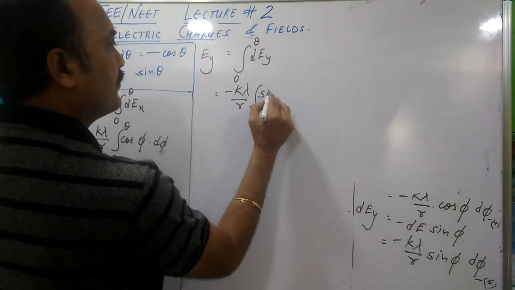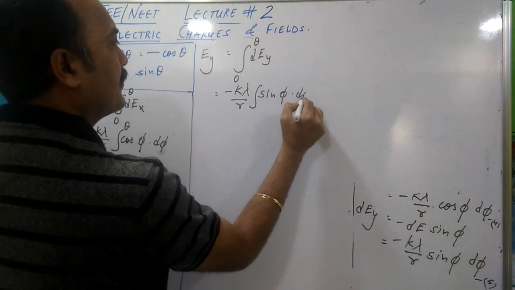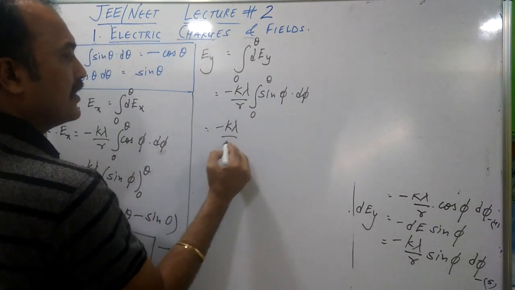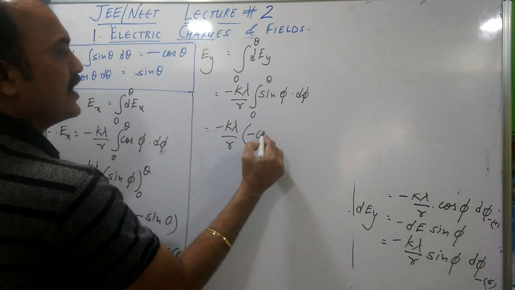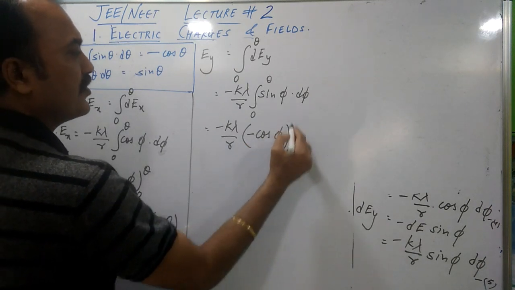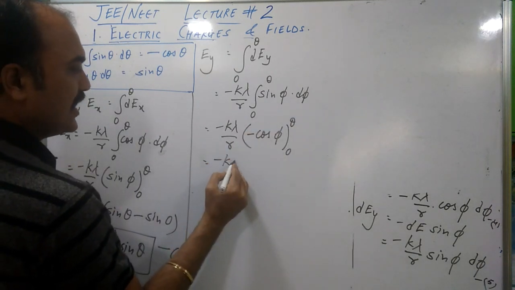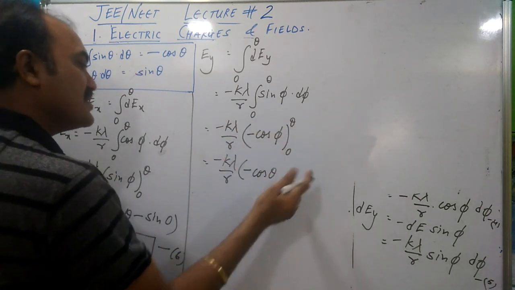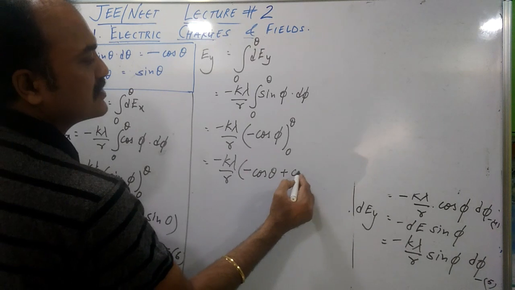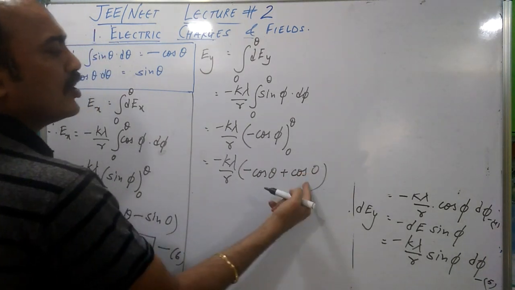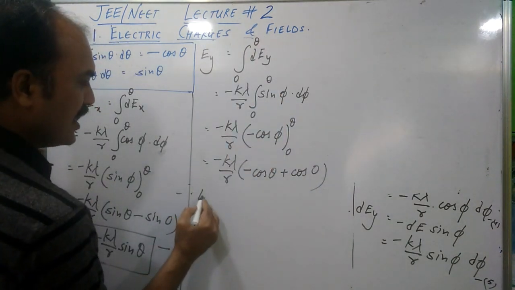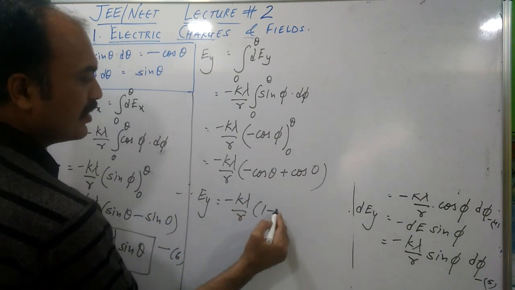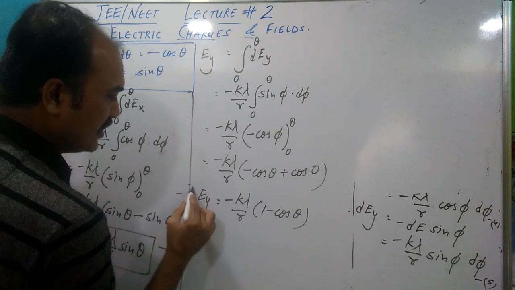Sine phi. And the formula is integral sine phi is minus cos phi from 0 to theta. So let's hammer it out. Minus cos theta minus minus, that's plus cos 0. Cos 0 is 1. So you're left with Ey is minus k lambda by r times 1 minus cos theta.